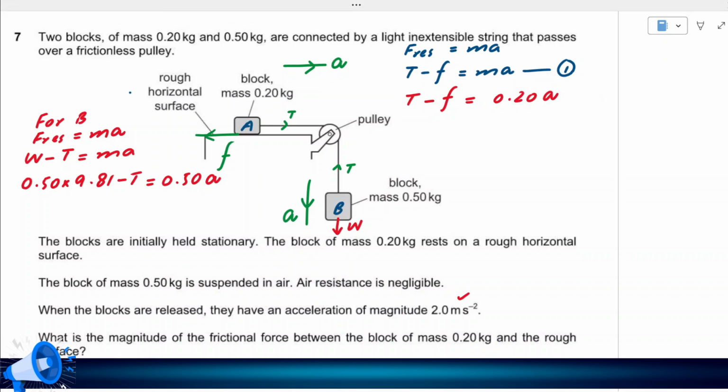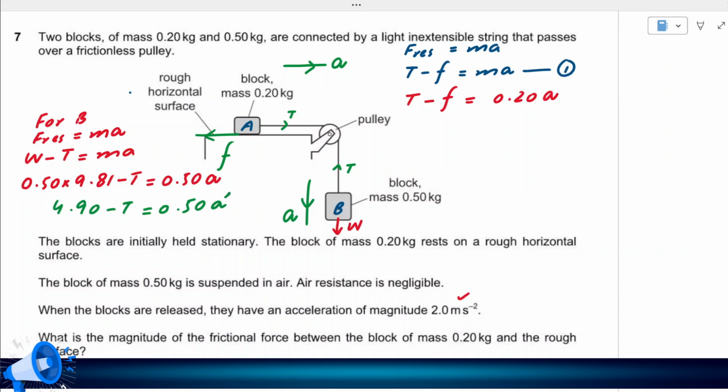So if someone could give me 0.50 times 9.81, 4.90, okay. 4.90 minus T equals 0.50a.